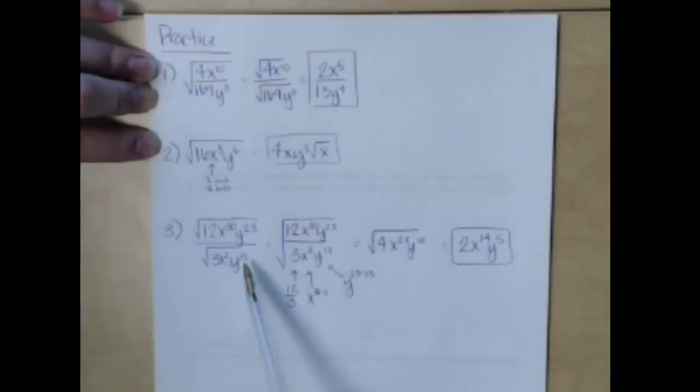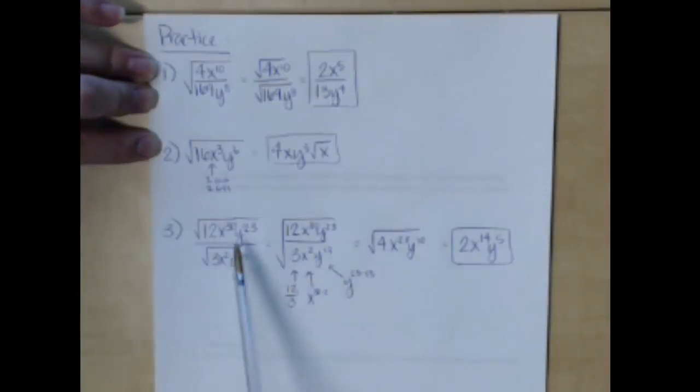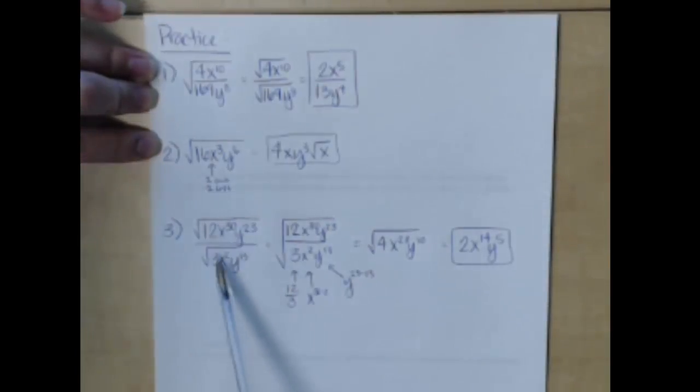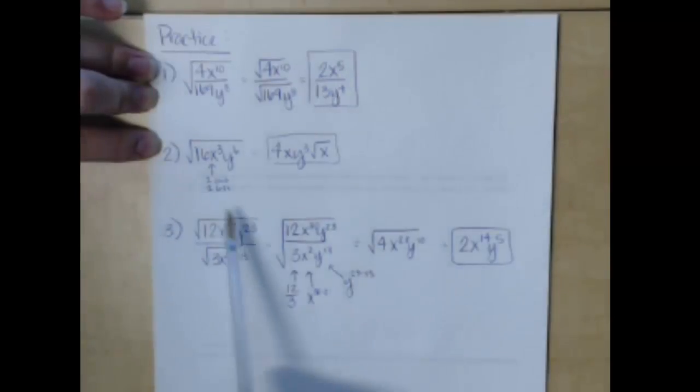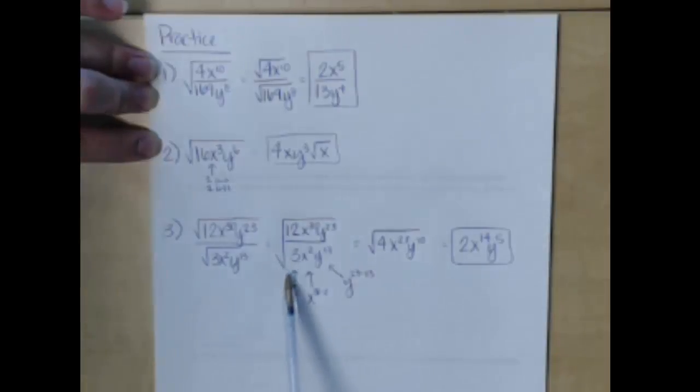Okay, and then on number 3, this one's actually written separately, but as you can see, we have x's and y's on top and bottom, and I know that 12 is divisible by 3. So I'm going to write the separated radical as one radical over the whole fraction. And then once I have it written all together, I can simplify. 12 divided by 3 gives me 4.